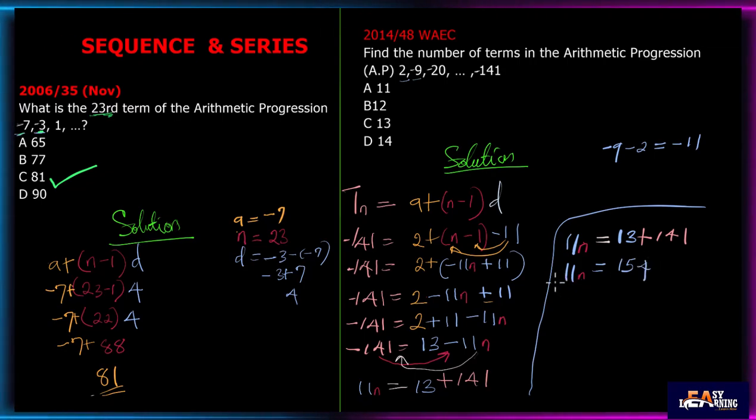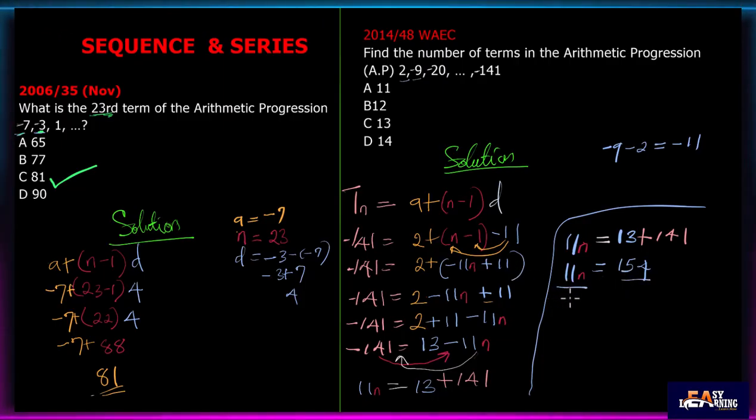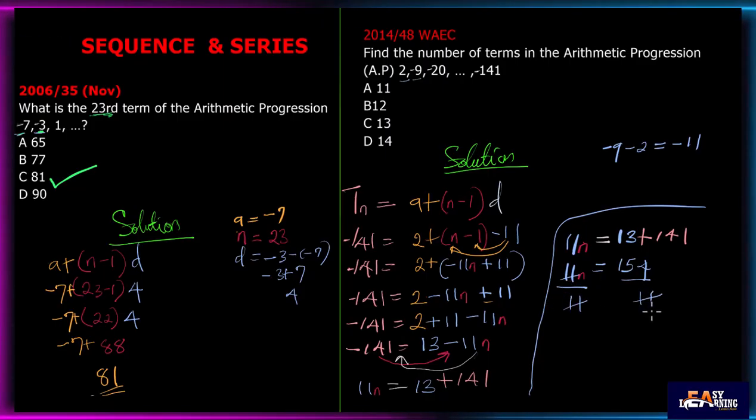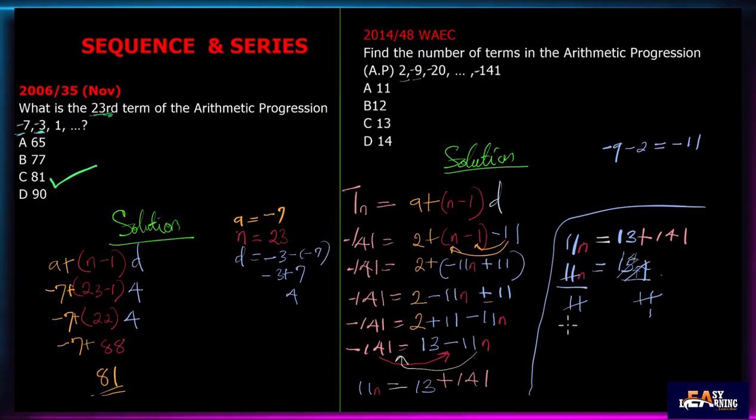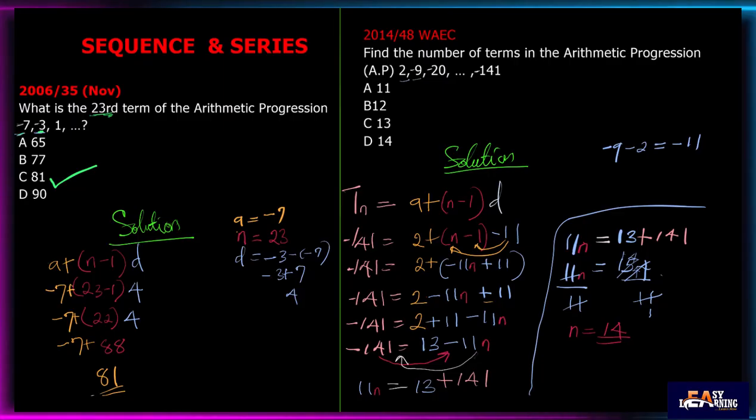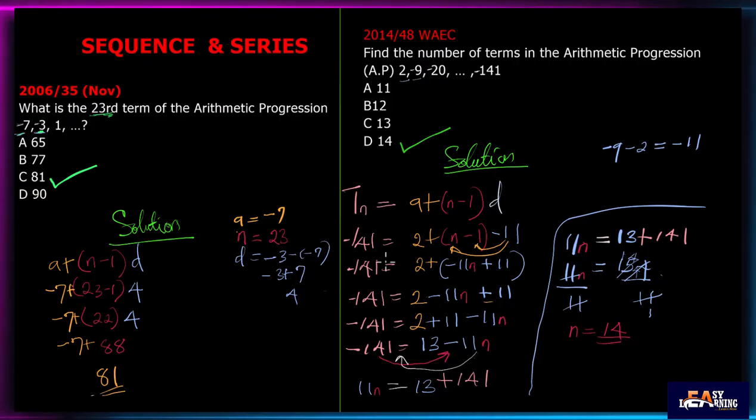So our n, let's divide both sides by 11. 11 cancels itself one time, and 11 comes into 15 one time. Remember 4, add that 4 here, it becomes 44. 11 into 44 is 4 times, so that's 14. So n is equal to 14. That's the answer. If you look at the options, the correct option here is option D.